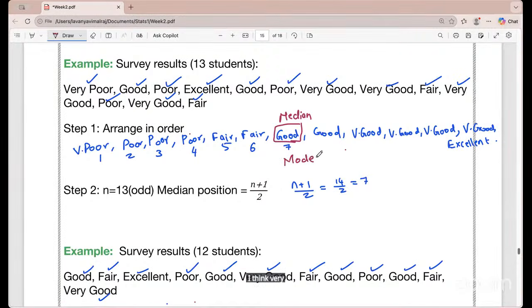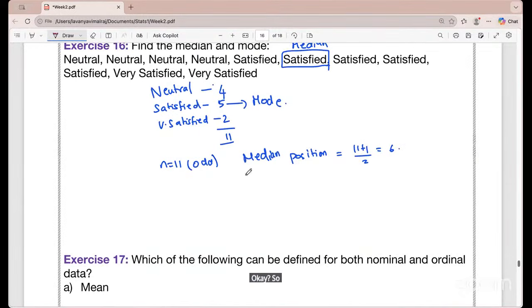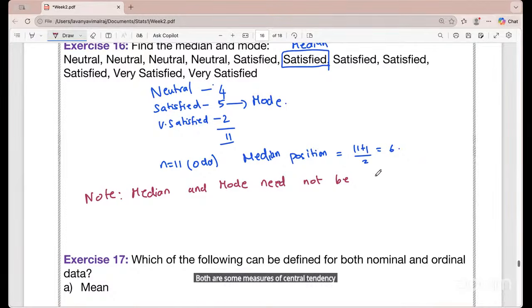The mode is given by very good. So median and mode are different. Note that median and mode need not be the same. Both are measures of central tendency only, but they need not be the same.